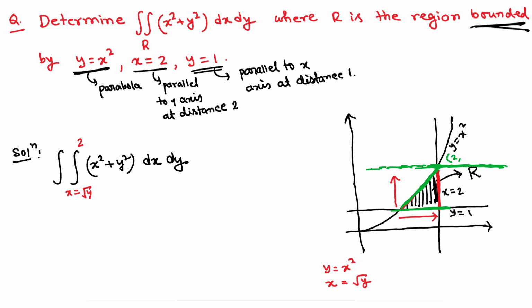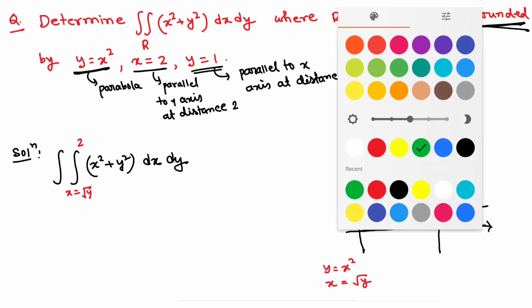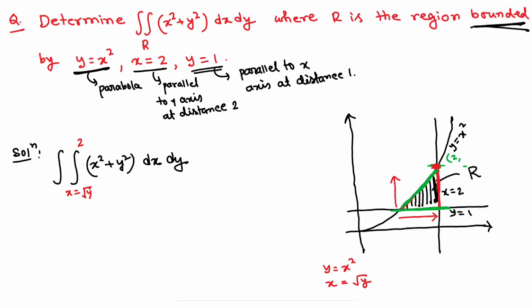And the y curve is y starting from y equals 1, and this point is x equals 2. This is the point of intersection of y equals x square and the straight line x equals 2.